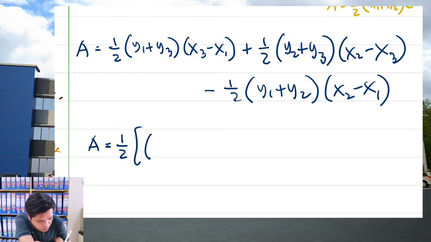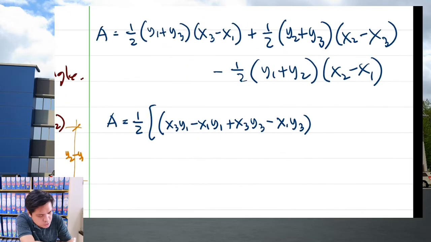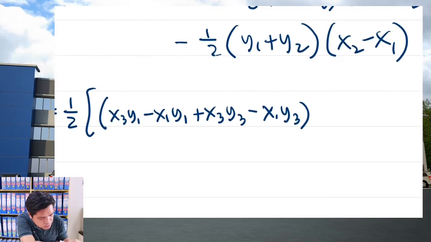So unahin natin yung x, that would be x3 y1 plus, minus x1 y1, then plus x3 y3, and then minus x1 y3. Okay, ayan. So let's proceed dito, let's expand that.